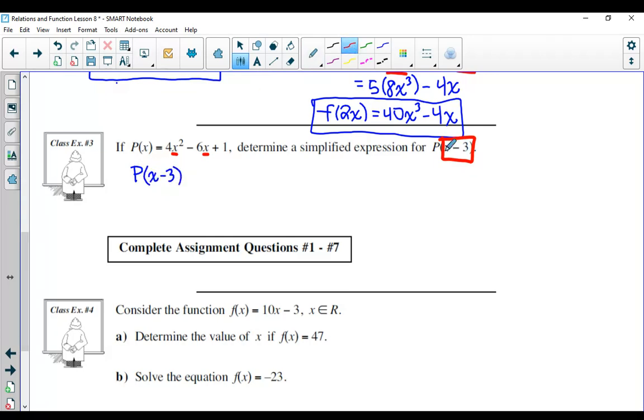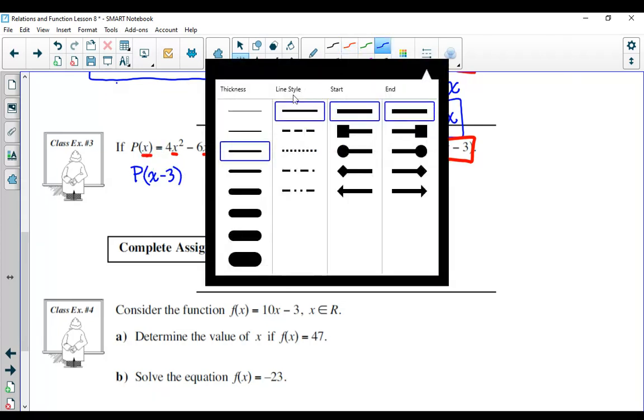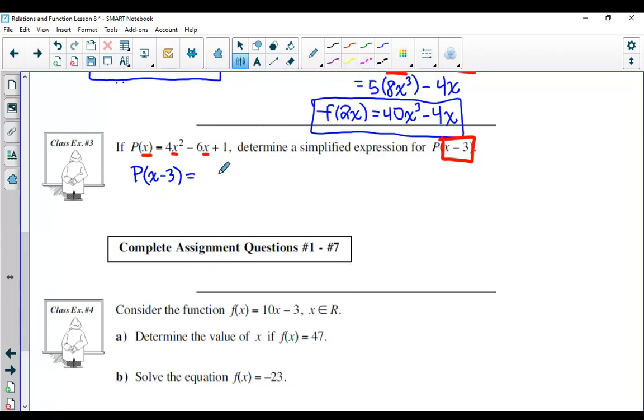So again, we're replacing x with x minus 3. So I want to evaluate the function when x is x minus 3. So this would be equal to 4. And again, when you do a substitution, put it in brackets. So it's going to be 4 times (x minus 3) squared minus 6 times (x minus 3).